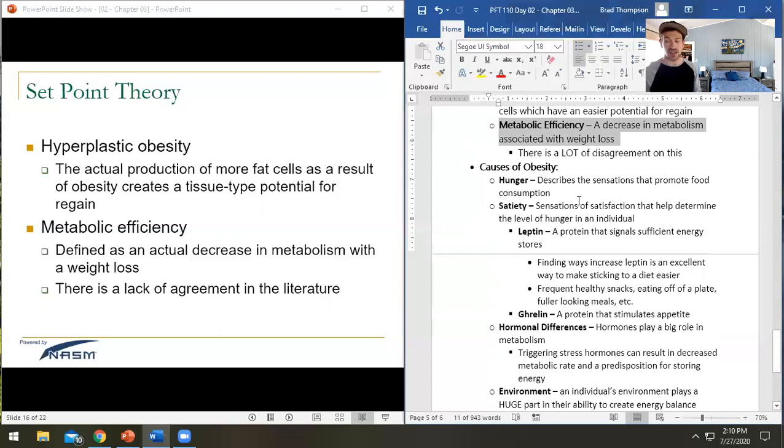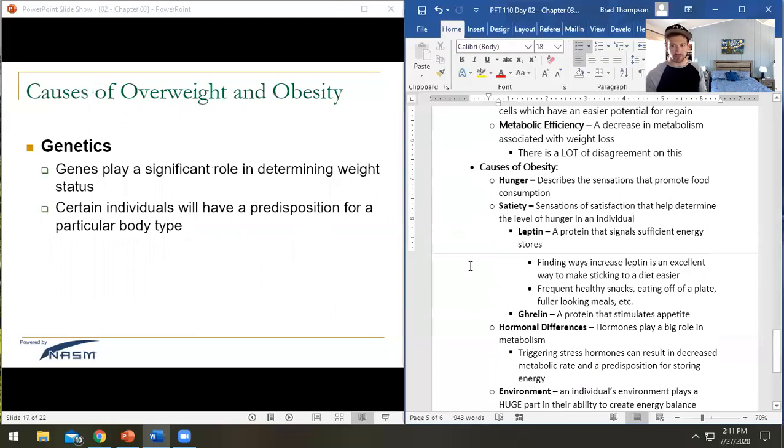So if you have a new body, but you're putting that body through the design of an obese lifestyle, that's going to change your composition slowly back over time.